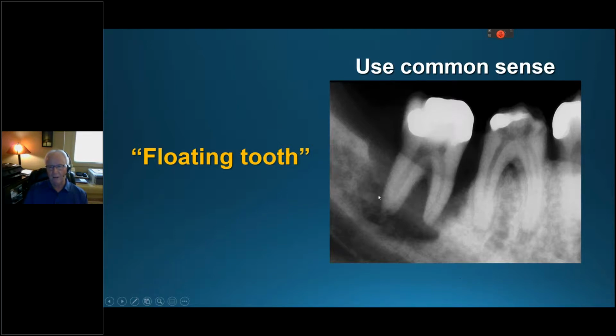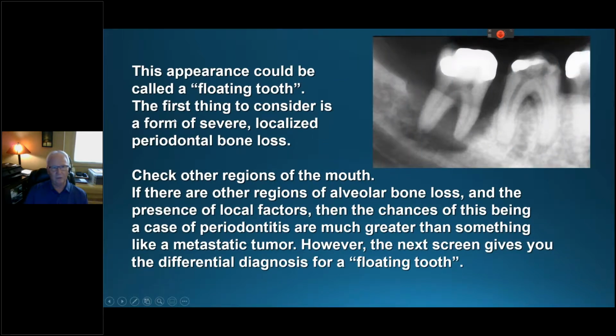If there are none, this is a scary looking tooth, because there could be plain old periodontal bone loss, but the differential includes significant other things, such as lymphoma, Langerhans cell granuloma, metastatic lesion, or any of the sarcomas. So for this floating tooth, the first thing you want to think commonly is that it could just be plain old periodontal bone loss, and you'd have to check other regions of the mouth.